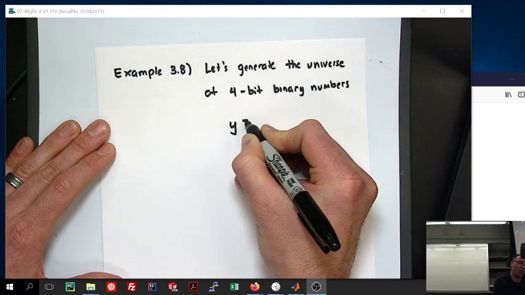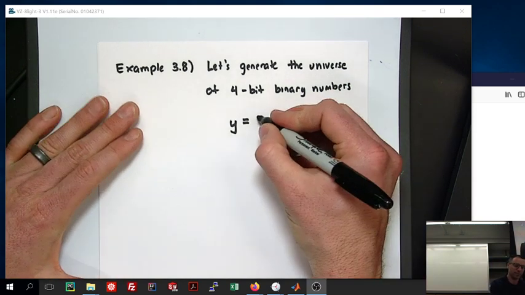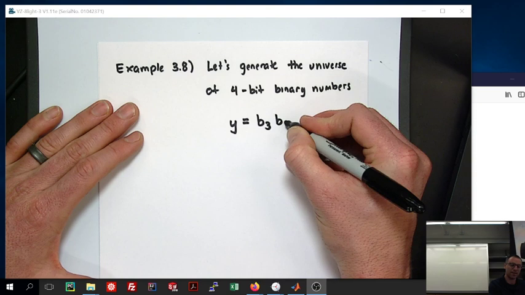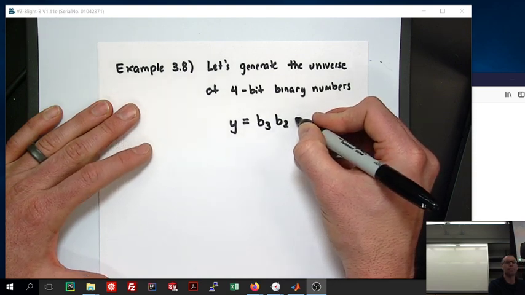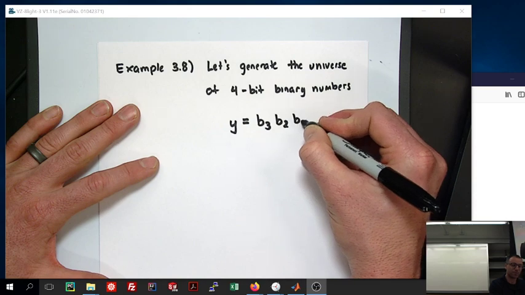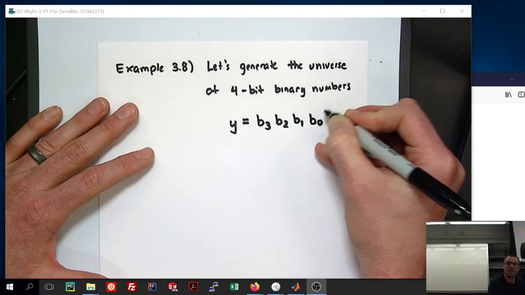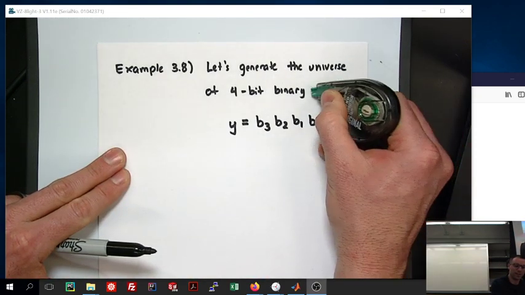If I have a 4-bit binary number, what might I represent the general form of that thing to look like? B3, B2, B1, B0.